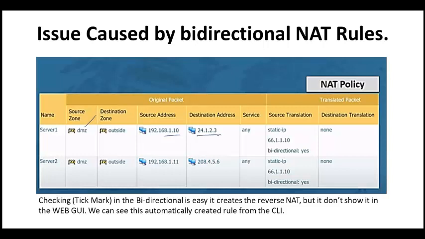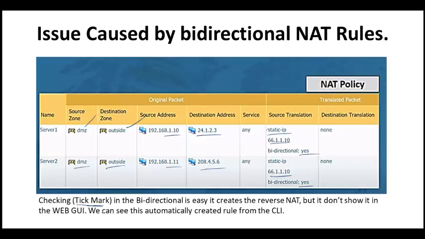Same way, when this comes, trying to go to this destination from the DMZ zone via outside, you translate to the same address as above, and bidirectional is enabled. By giving the tick mark here, it is created.